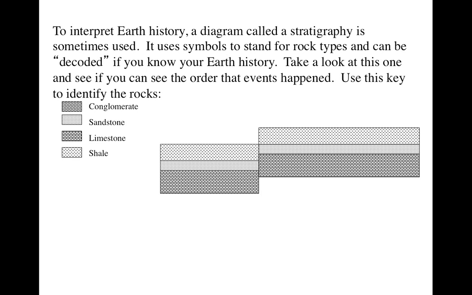Okay, take a look at this stratigraph and see if you can see the order that events happened. Okay, so here's the key that you're going to need to use. This one with kind of bigger dots is conglomerate. These smaller, pretty uniformly laid out dots are sandstone. Little blocks are limestone. And these dashes are shell.